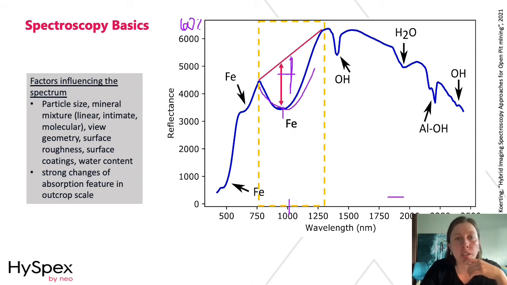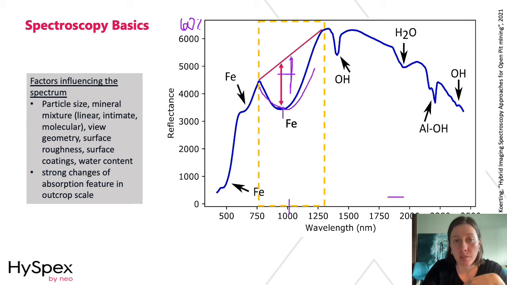Just to show you a little bit the difference between what causes the absorption features in the VNIR and in the SWIR. In the VNIR, you can see here we have the element associated with the absorption feature. Here we're talking about electron transitions, so energy from the light source causes energy changes, which results in the transition of ions in the atom, and this is causing the absorption feature.